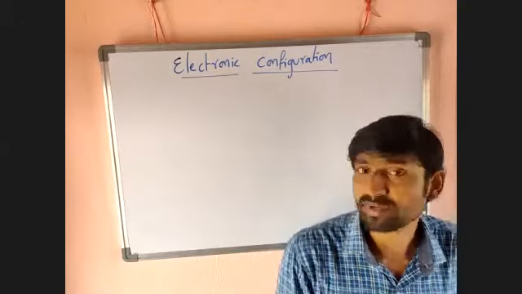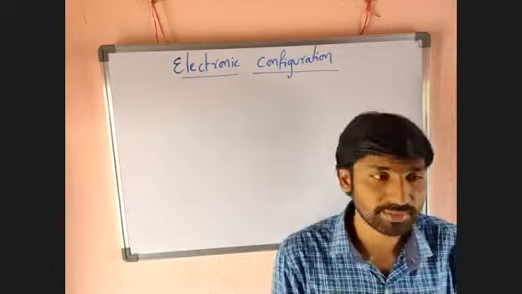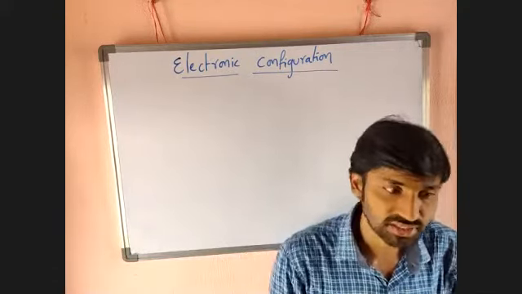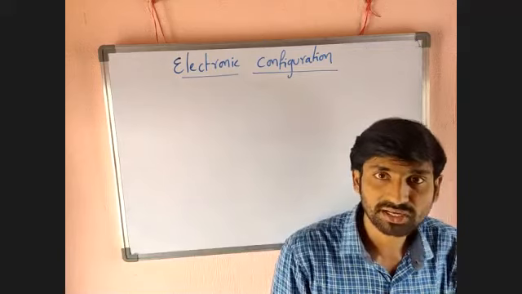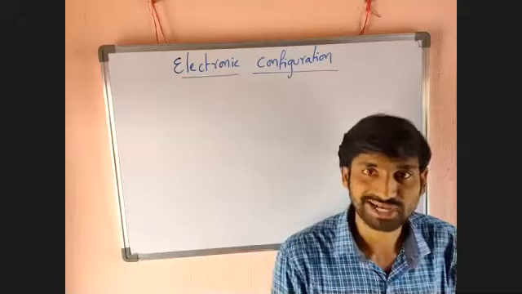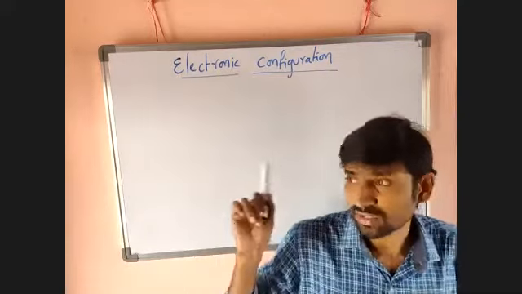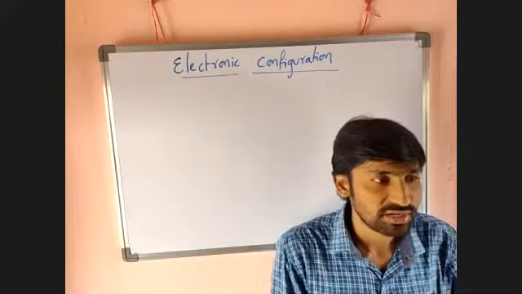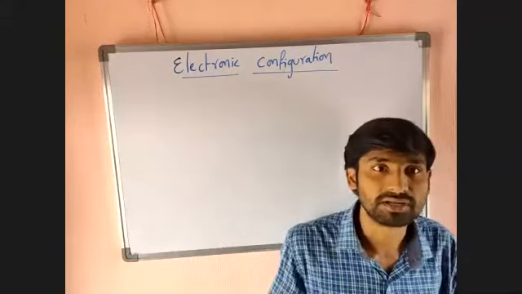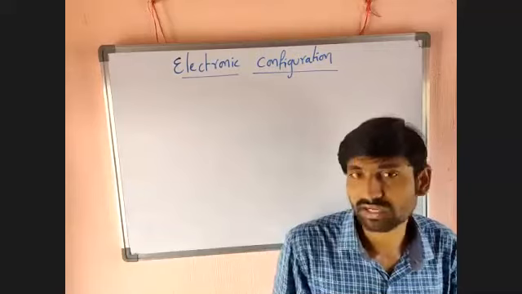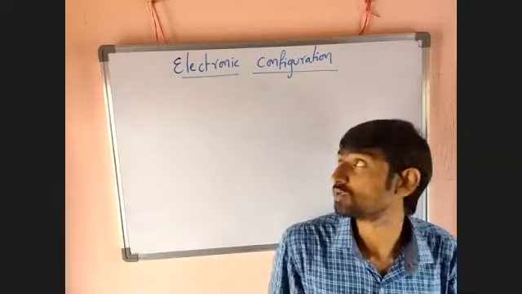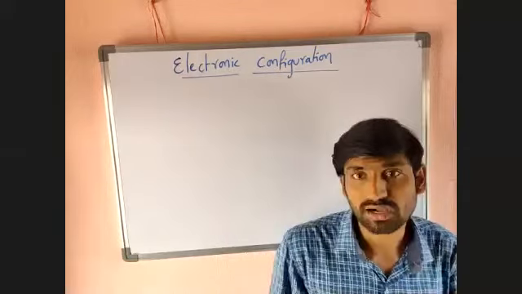S orbital can accommodate 2 electrons, P orbital can accommodate 6 electrons, D orbital can accommodate 10 electrons, F orbital can accommodate 14 electrons. That one is a fact. So the electronic configuration definition is distribution of electrons in the atomic orbitals. Distribution of electrons in the atomic orbitals is known as electronic configuration.